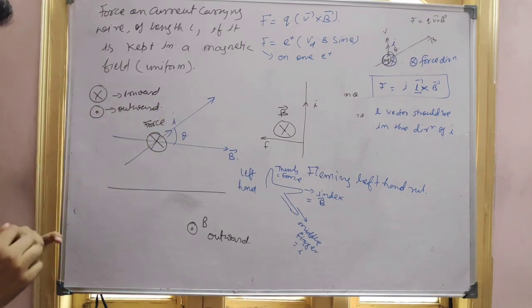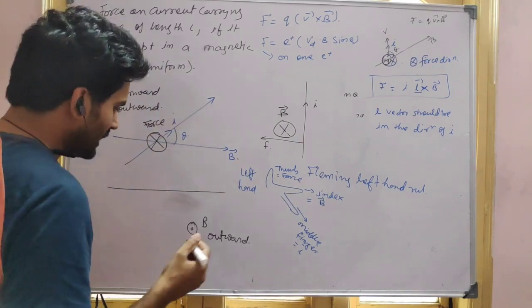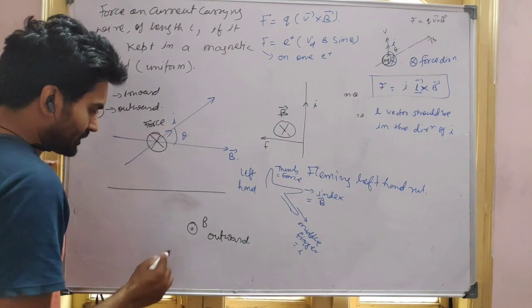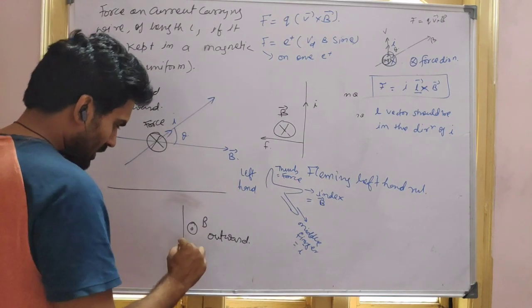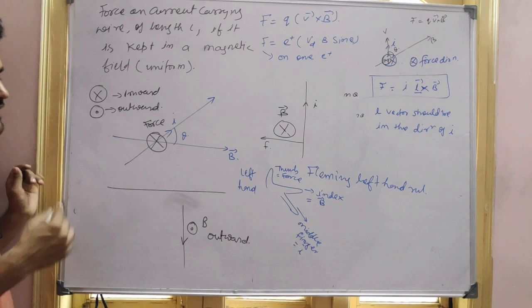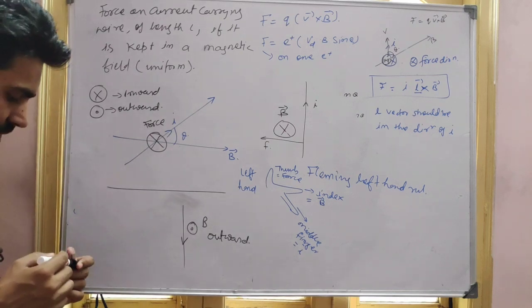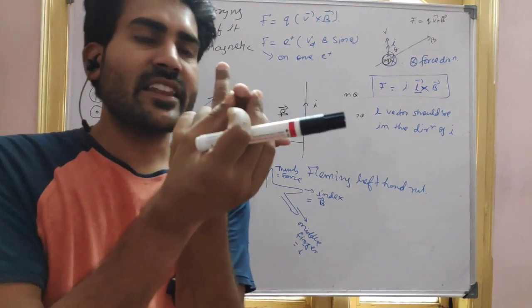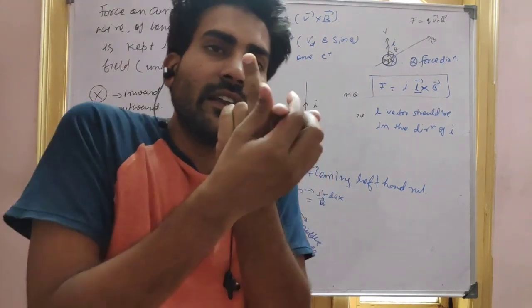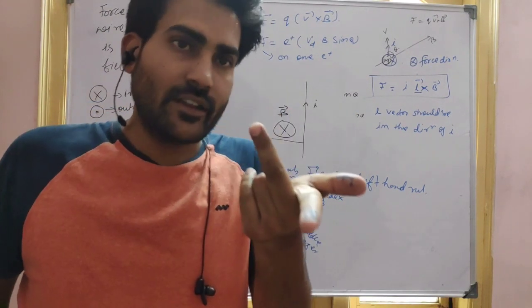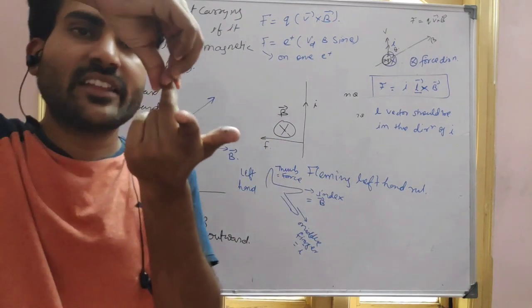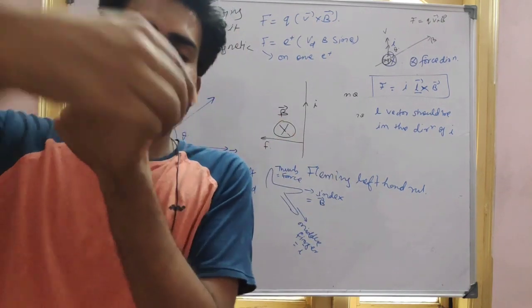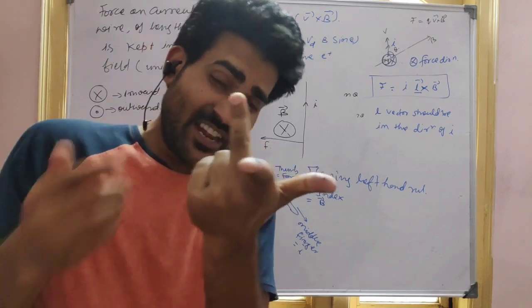Let's say the current is like this. Let's find out where the force will be. Point your index finger in the direction of the field, your middle finger in the direction of the current, then the thumb will show the direction of the force.